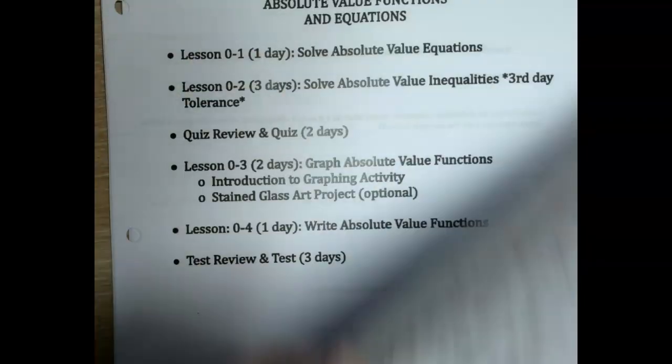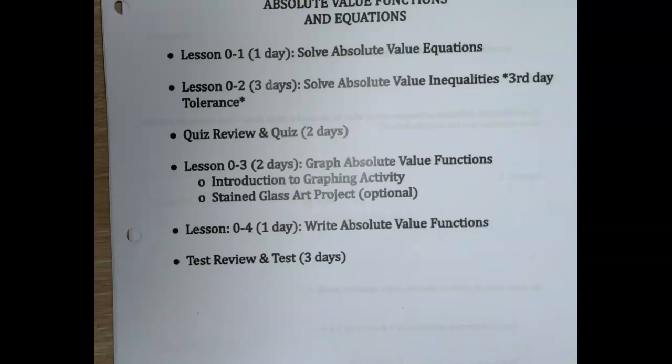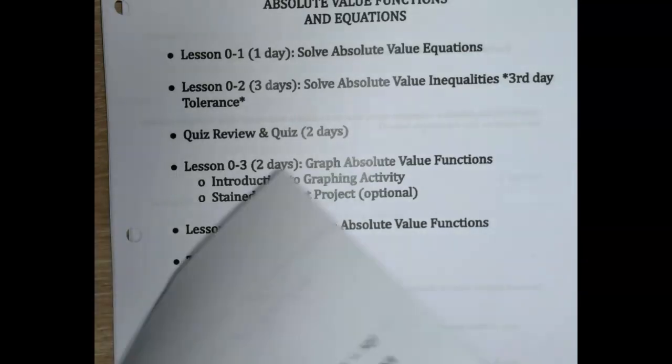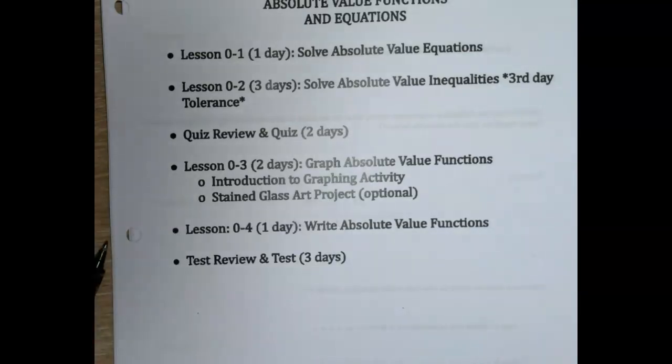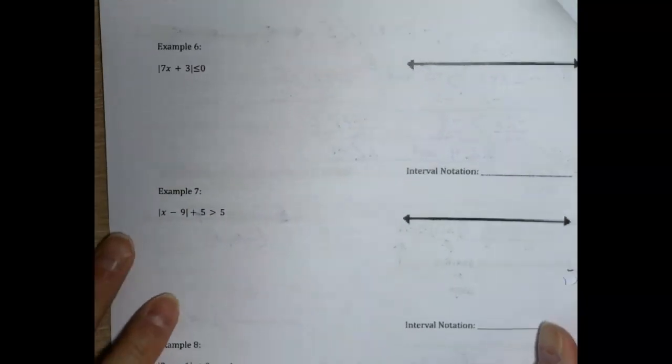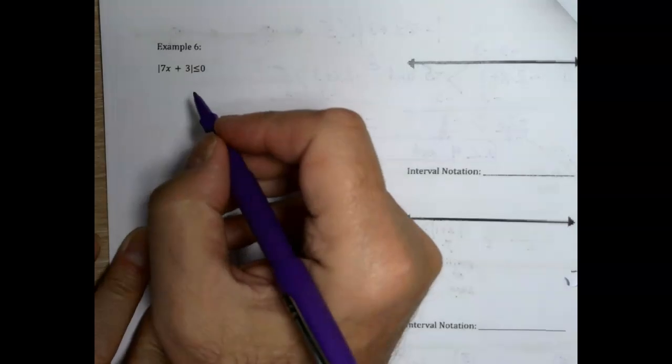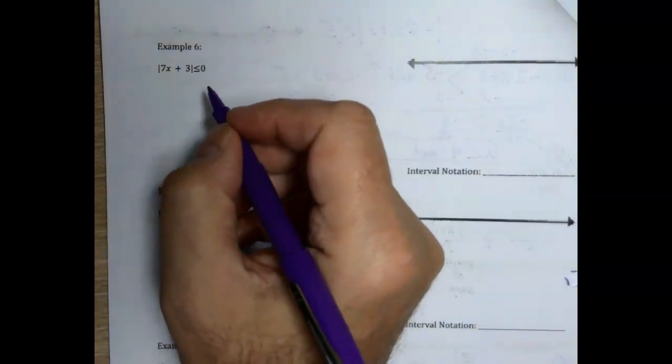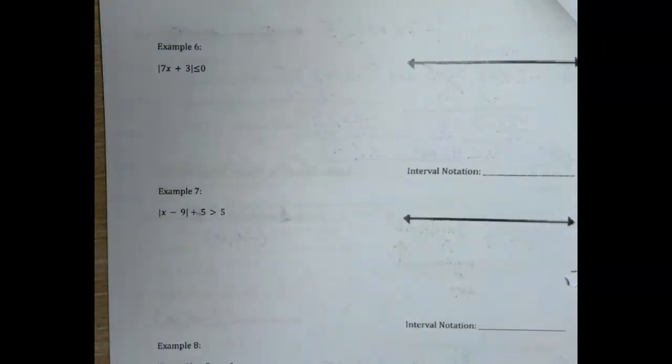Next example we have. Okay. When you have it, if you think about it, absolute value can only be positive or 0.